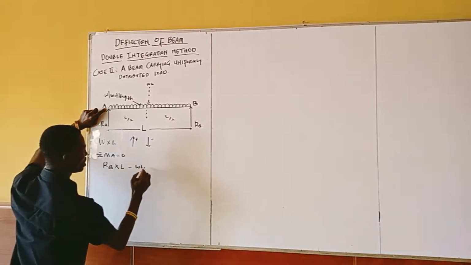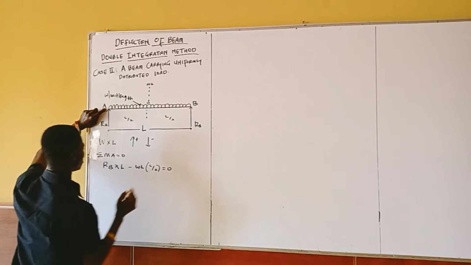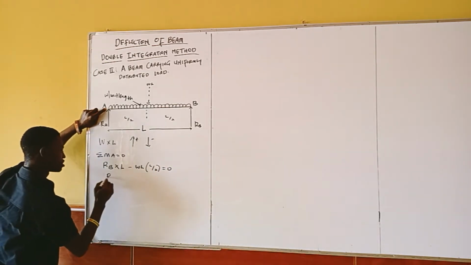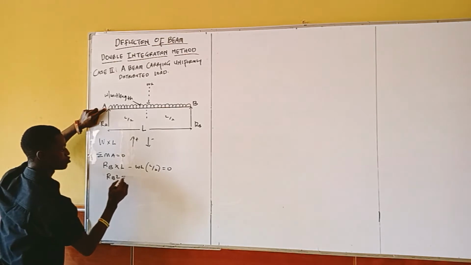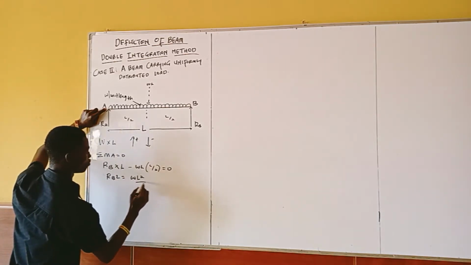So RB·L minus WL times (L over 2) equals 0. Then I'm going to have RB·L equals WL squared over 2.